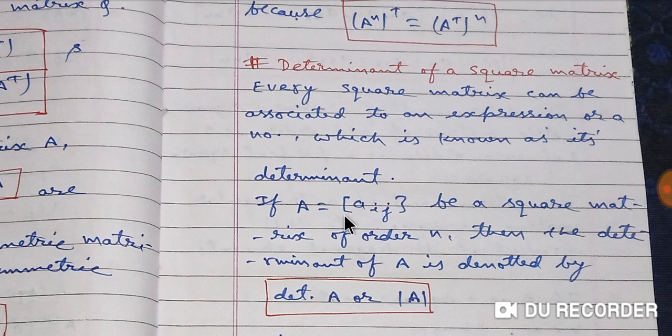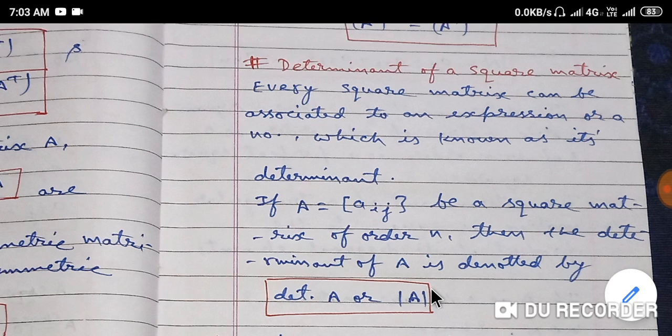So how to write this? If A = [aij] is a square matrix of order n, then the determinant of A is denoted by det A or |A|.